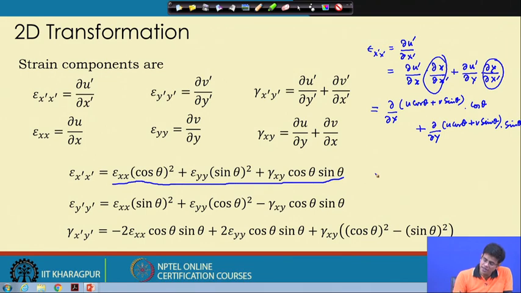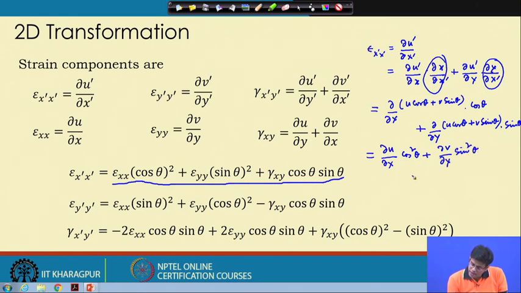So essentially we can simply write here del u by del x cos square theta, plus first I write this quantity, del v by del y sin square theta, and then plus del v by del x plus del u by del y, into sin theta cos theta.